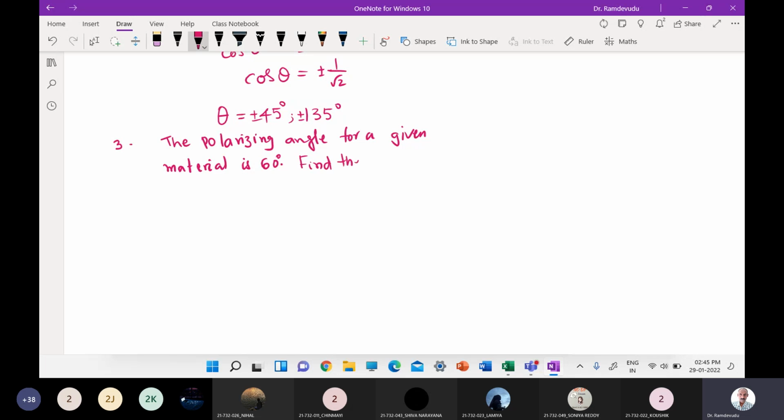Find the refractive index of the medium and the critical angle.